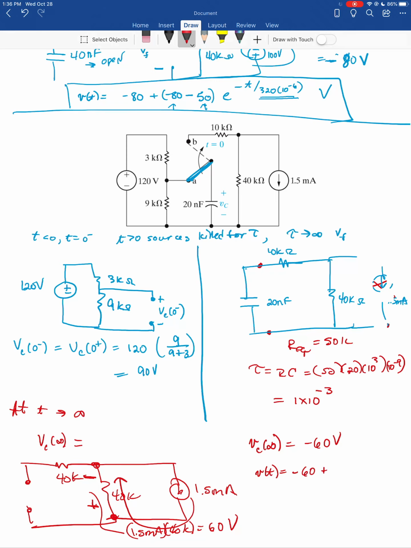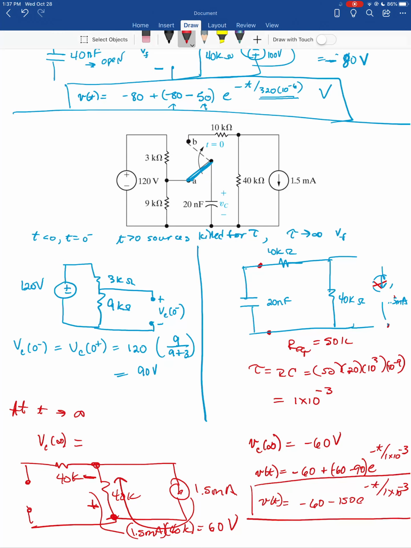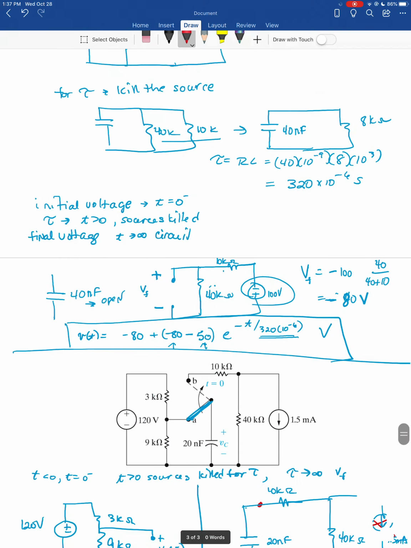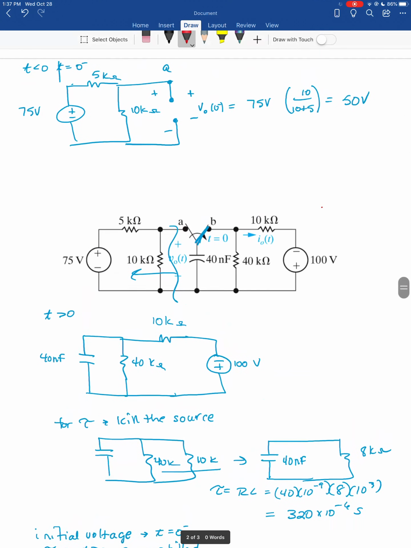So plugging in, V of t is my final value, which is minus 60, plus my final value minus my initial value, e to the minus t over 1 times 10 to the minus 3. And we can do a little simplifying. Minus 60 minus 150 e to the minus t over 1 times 10 to the minus 3. Okay. So that's an example with a capacitor.